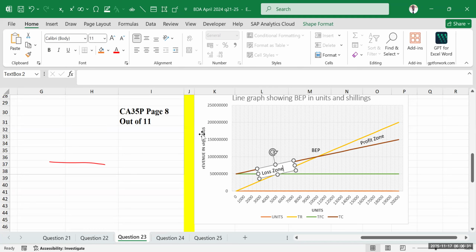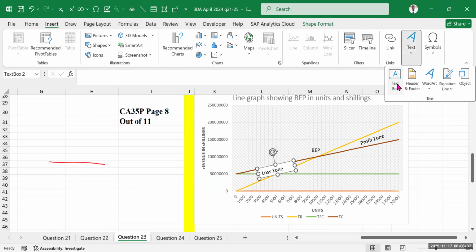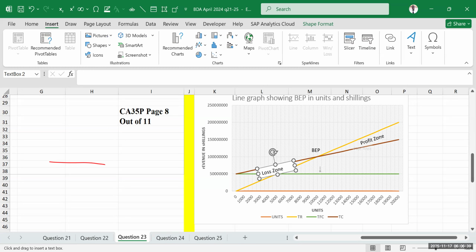Whenever you are inserting that text box, you don't have to really do a lot of aesthetics, because you can change a lot of things on that text box. You can change the shape so that it appears the way you want.